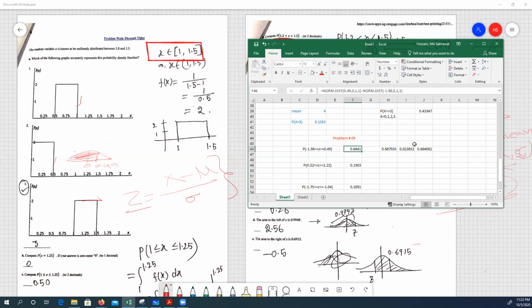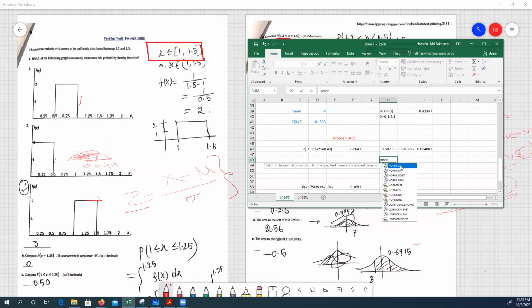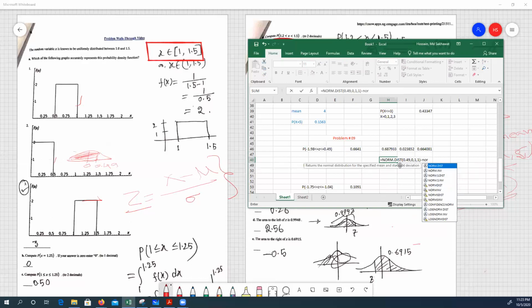So exactly the same. Or you can just find the probability by taking the difference of norm 0.49 minus norm. So how can we find this one? I'll show you. Equal, then we need to type norm dist, the largest value, which is 0.49, comma mean is 0, comma standard deviation is 1, cumulative, then end of the parenthesis, minus norm dist.